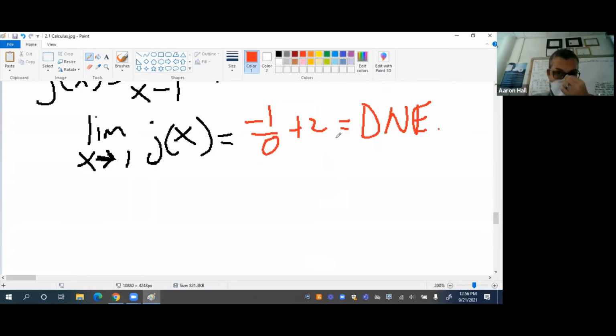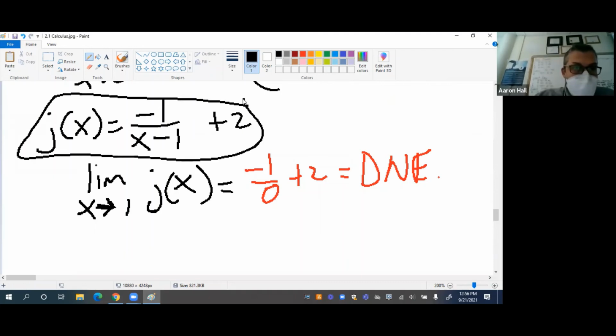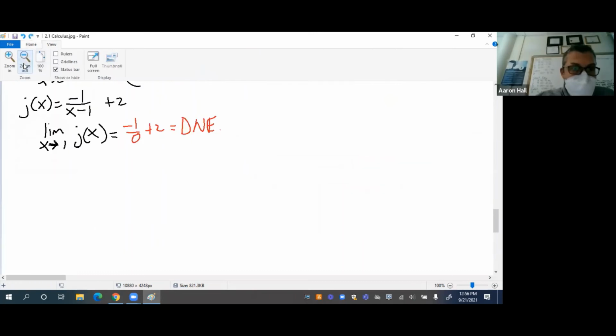All right, so we're going to do another problem. I have the same equation of j of x, and I have the limit as x approaches, new notation.